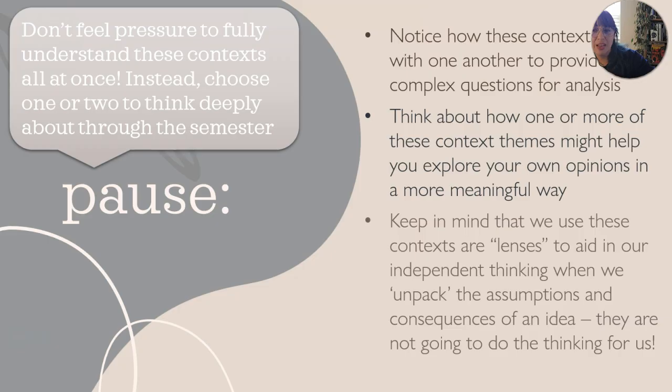And really think about which ones will be most effective for you to use with your own topic. So as I mentioned before, we have a dozen lenses here, and for most of us, a lot of them are not going to apply at all to your chosen topic. So instead, just choose 2 or 3 that you think will really help you ask good, deep questions when it comes to your research and your analysis.